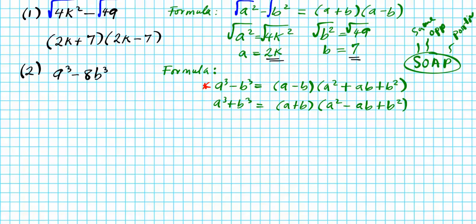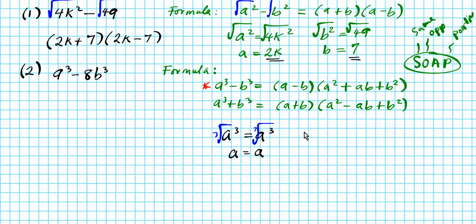Okay, so let's see, we have a to the third. The first term is going to be a to the third, so to get a isolated, I take the cube root of both sides. All right, so we see that a is just a.